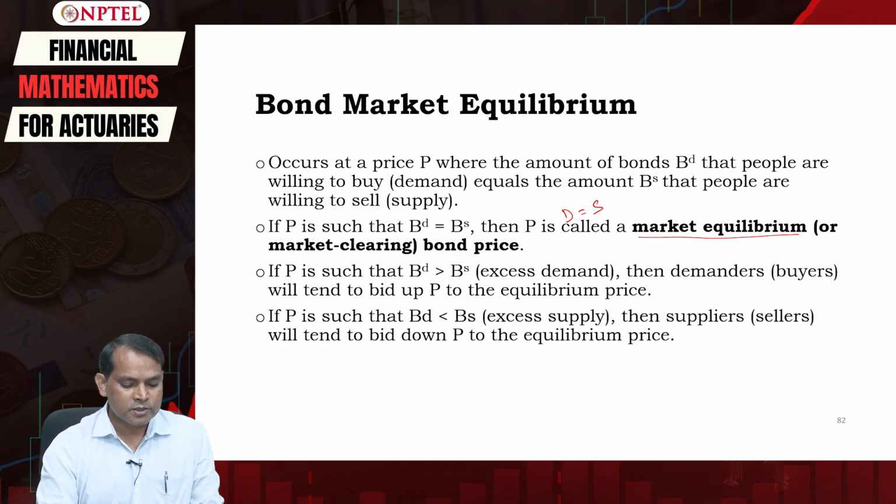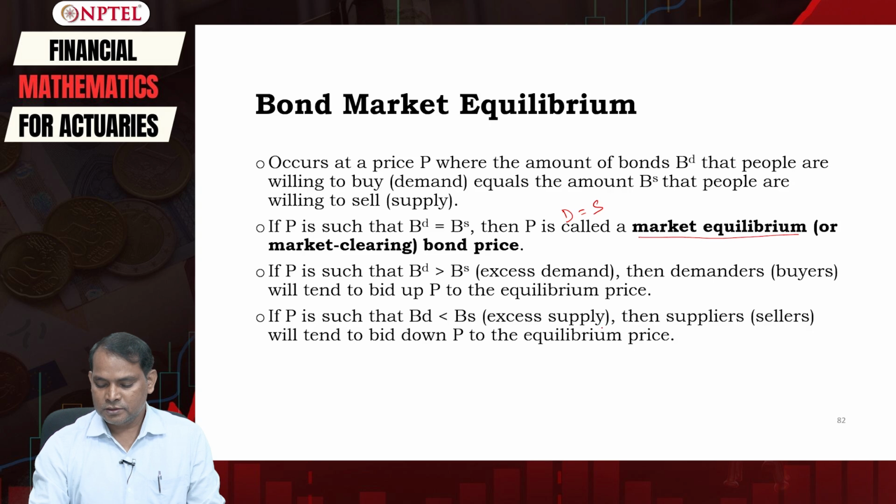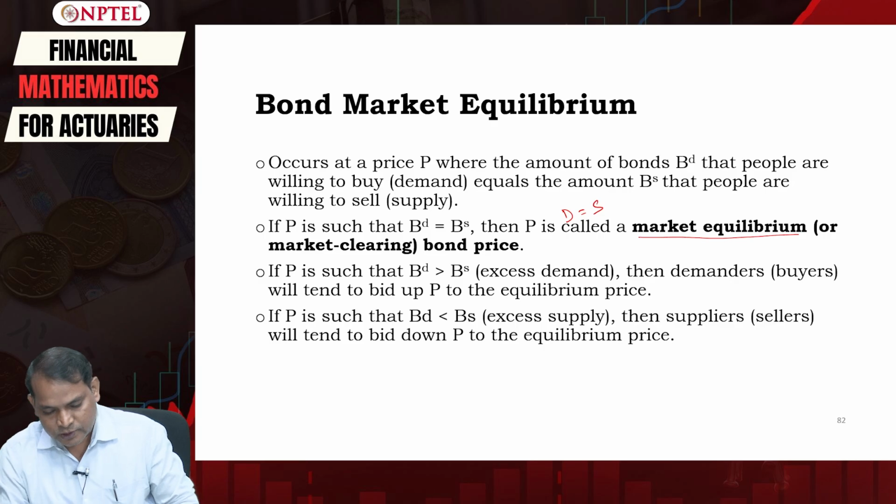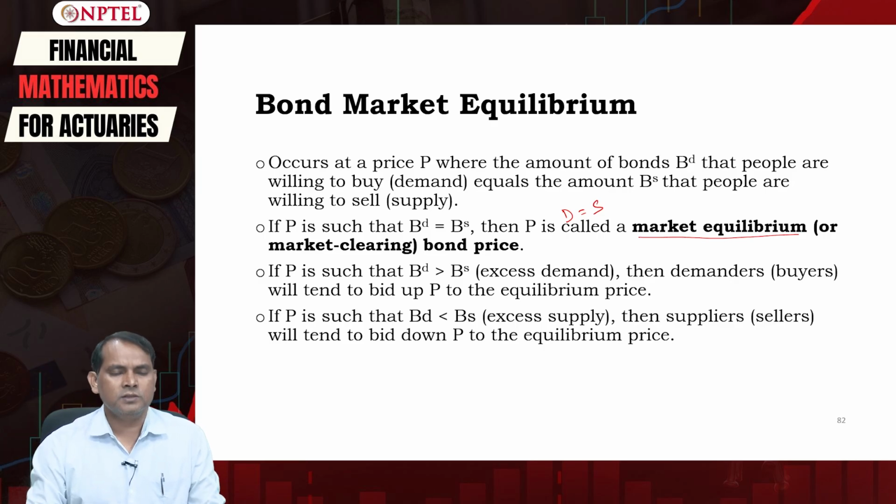Or if P is such that the demand for bond is less than the supply of bond, in which case we will have excess supply, then suppliers or the sellers will tend to bid down P to the equilibrium price. And therefore the price actually will adjust the demand and supply of bond. It is purely an economic phenomenon.